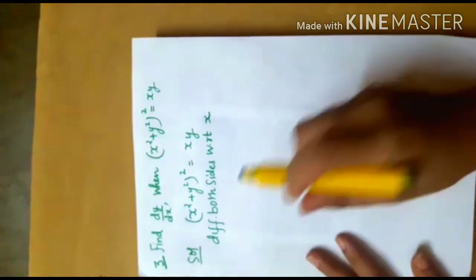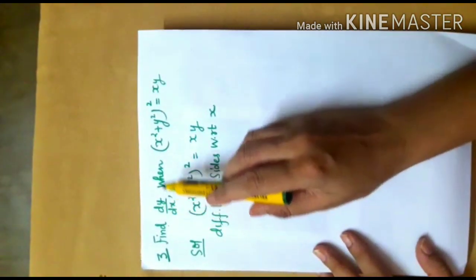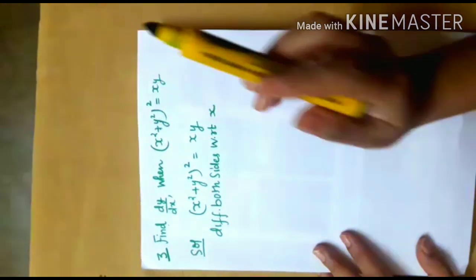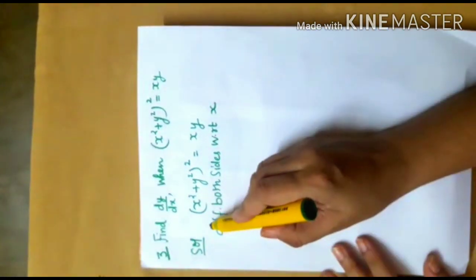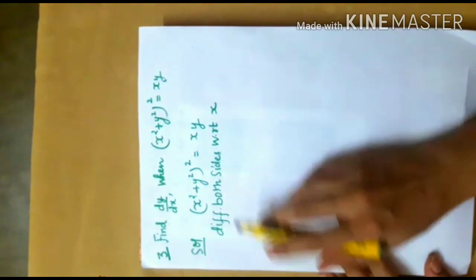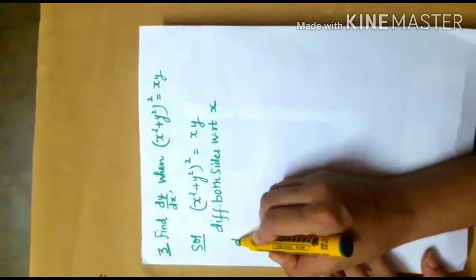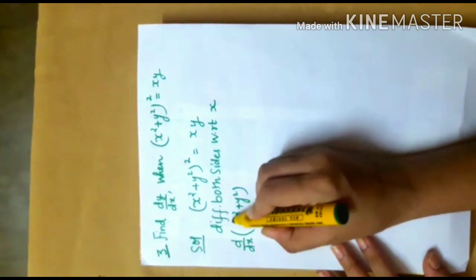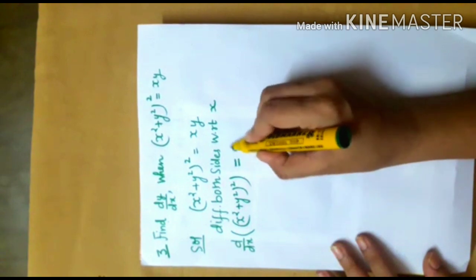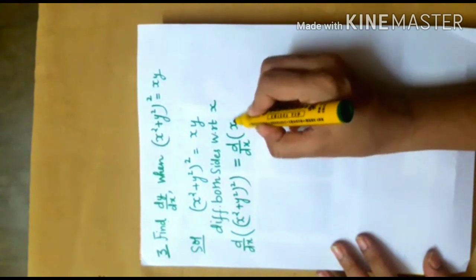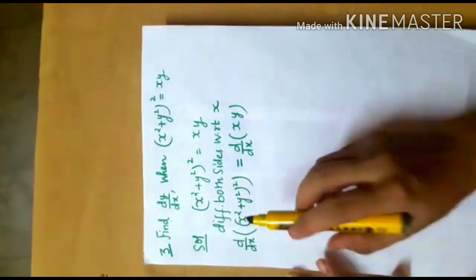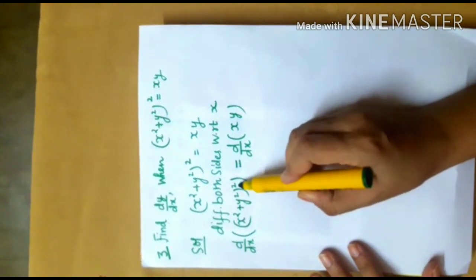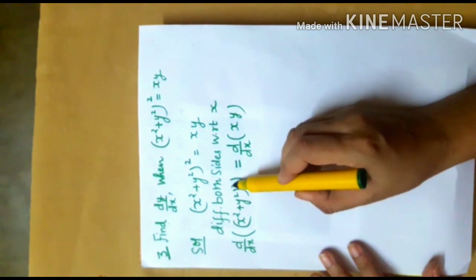Let's take another example. Find dy by dx when x squared plus y squared whole square is equal to xy. Yes, differentiating both sides with respect to x. So I'll get d by dx of this equals d by dx of xy. So here first we handle this outer function, which is power.